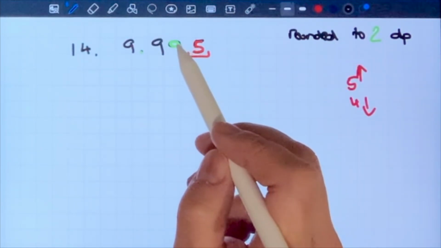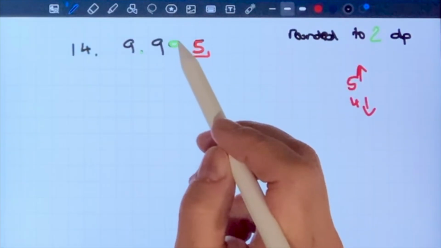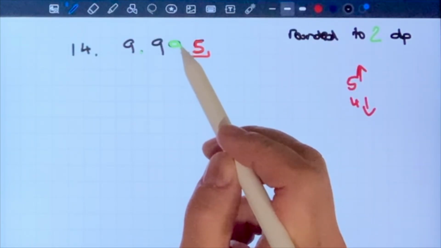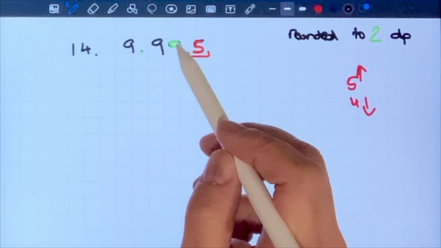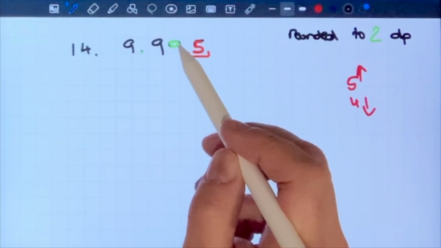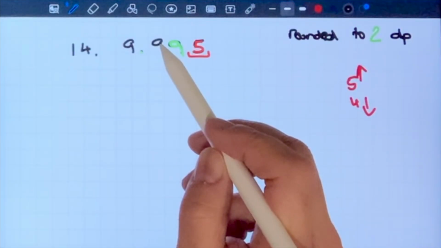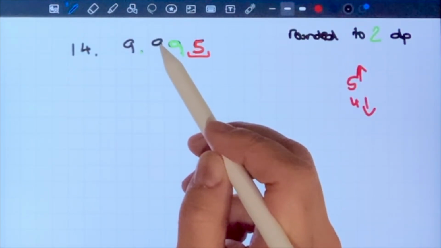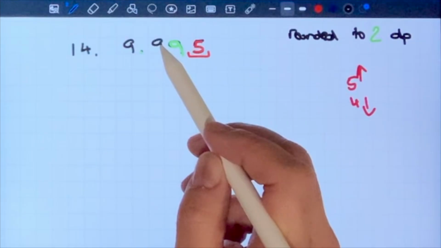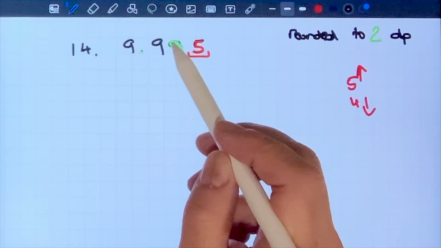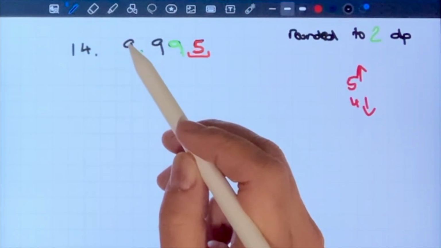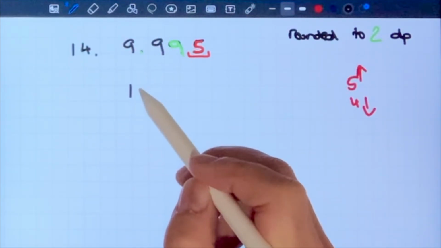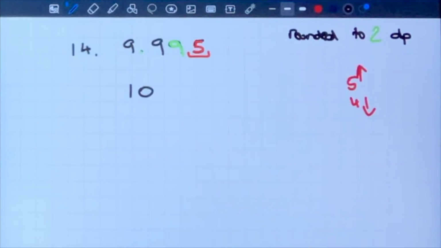So to round this up, it will become a 10, which means that it's going to have to add 1 to this, which will make this a 10. So my hundredths and my tens will donate 1 to this, which means the whole thing will become just the number 10.